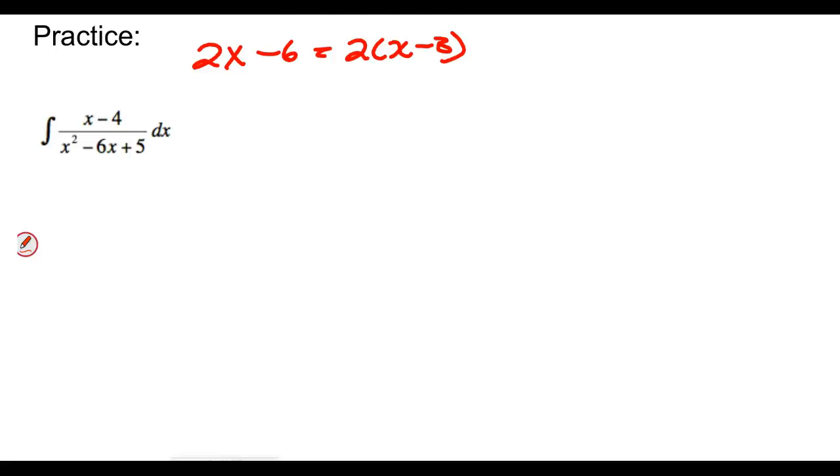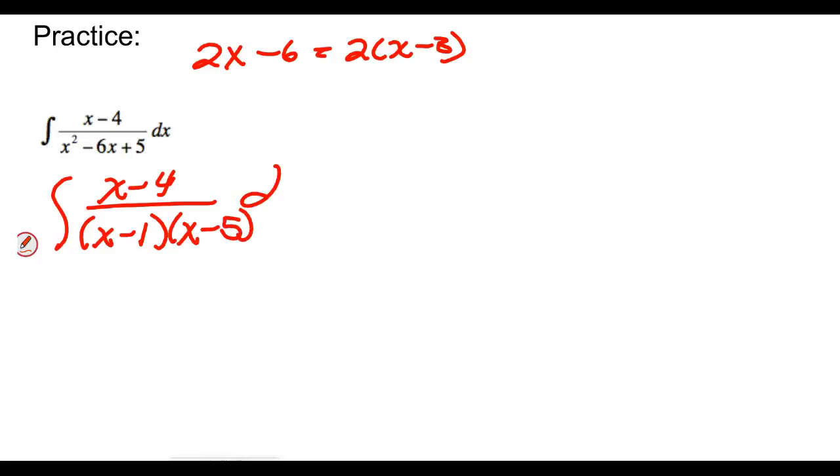Here's why. On the bottom, I really do have non-repeating linear factors. It's an x minus 1, and it's an x minus 5. The degree of the denominator is bigger. So this is one where you go, I'm going to try decomp and hope it works, and it is going to work. So remember what we do with that.